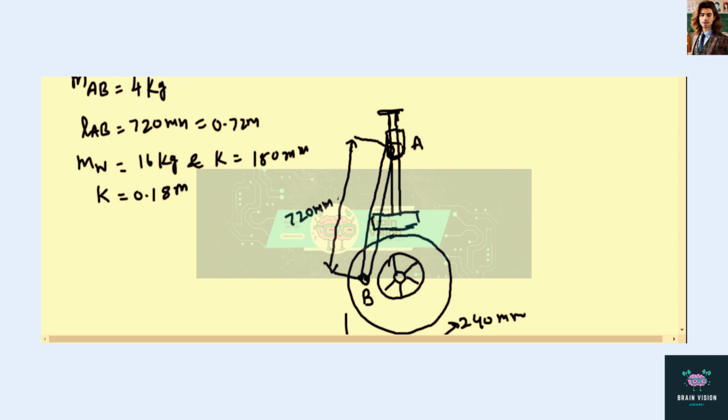As shown in the figure, at this position, its angular velocity is 60 rpm or 2 pi radian per second in clockwise direction.